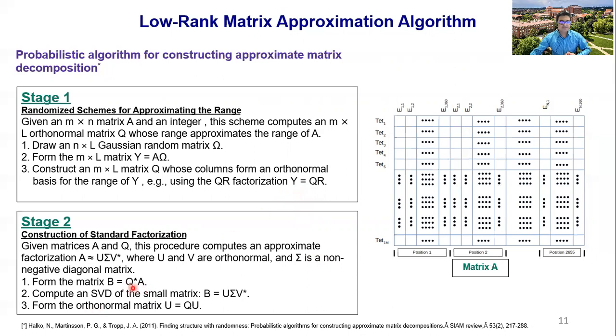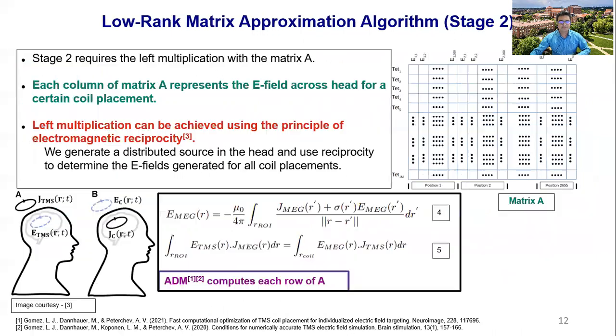Now, what do we mean by this left multiplication? To multiply from the left, we use the reciprocity principle, which allows us to determine the electric field at a single position or a linear combination of positions due to all coil placements. For this, we use our previously developed algorithm, the auxiliary dipole method.